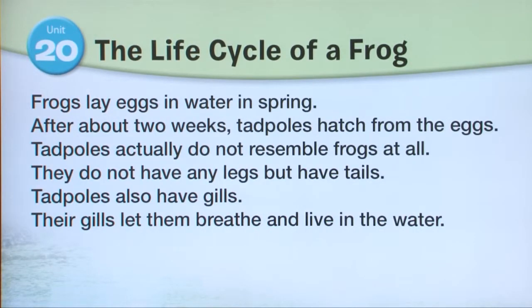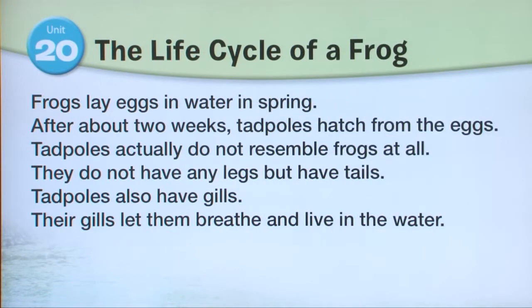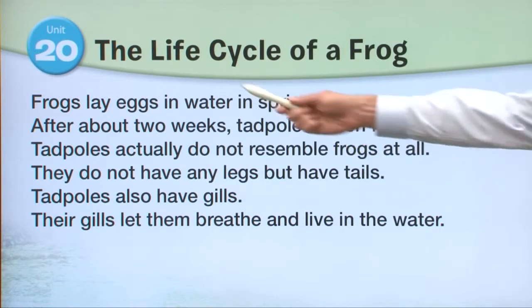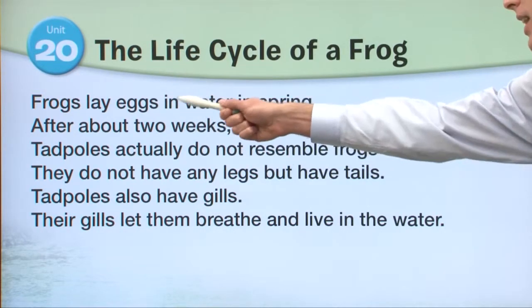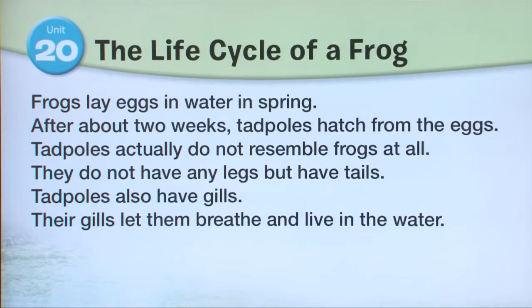Okay, so first up, in the beginning, with birth, frogs lay eggs. Where? In water. They lay them in the water in springtime. After about 2 weeks after they lay eggs, tadpoles start to hatch, right? They start to hatch or come out of the eggs.